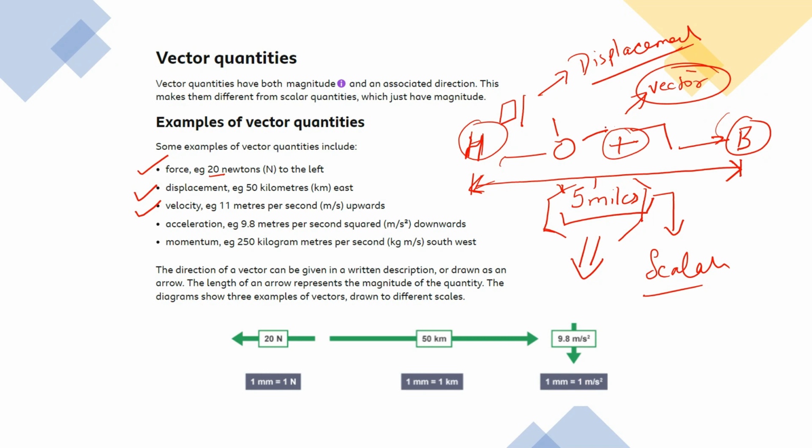Then you have to move at 20 miles per hour because it was a 20-mile zone. Acceleration is also a vector quantity. Momentum is also a vector quantity because they all have directions. Now, this is the meaning of a vector quantity.